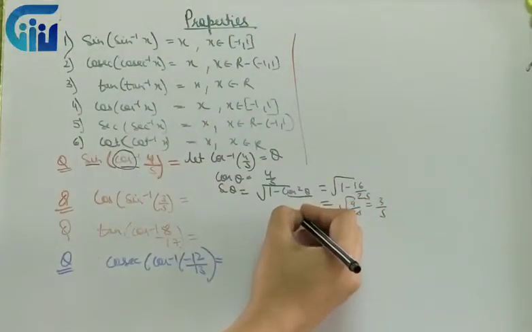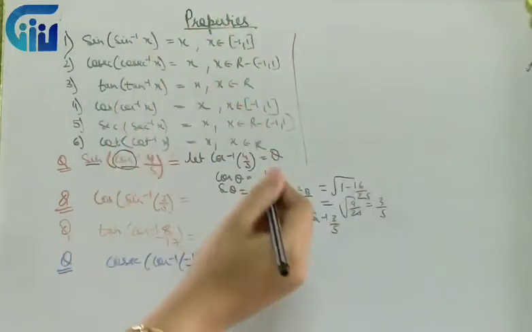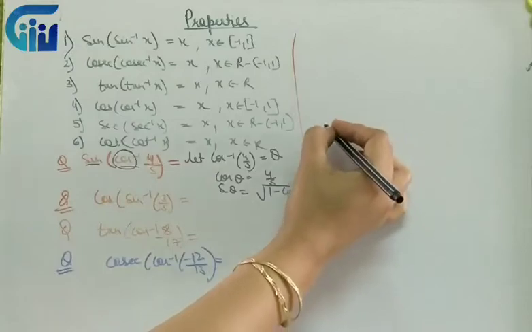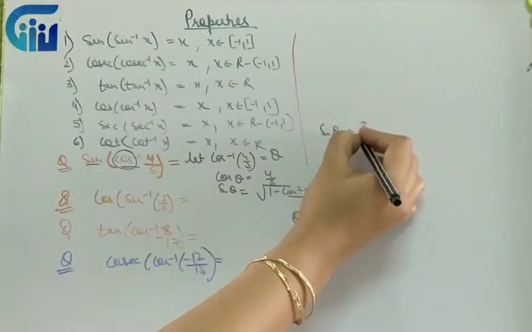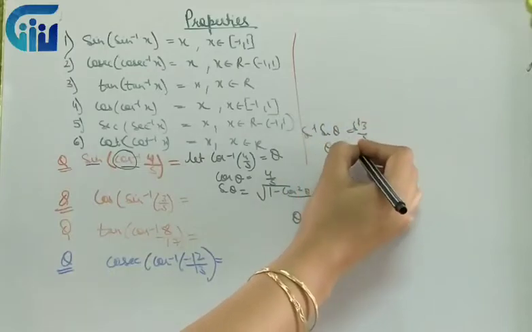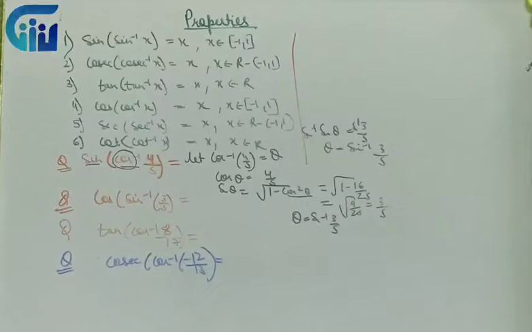So I can write my theta as sine inverse 3 by 5. Although it is appearing that sine is going to the other side, what actually is happening is, if sine theta is equal to 3 by 5, we take sine inverse of both the sides. So it is theta here and it is sine inverse 3 by 5. So theta is sine inverse 3 by 5.